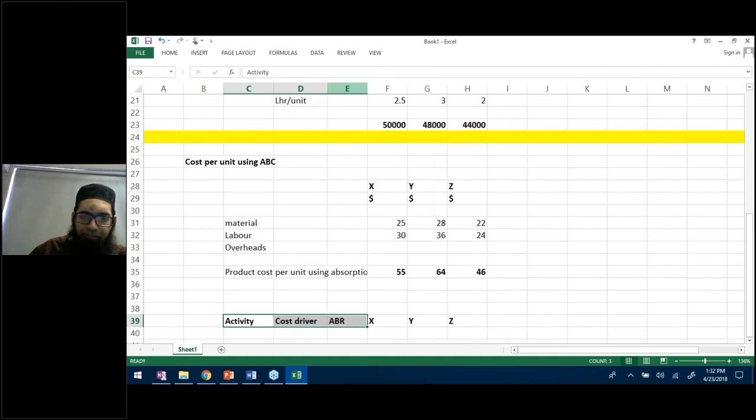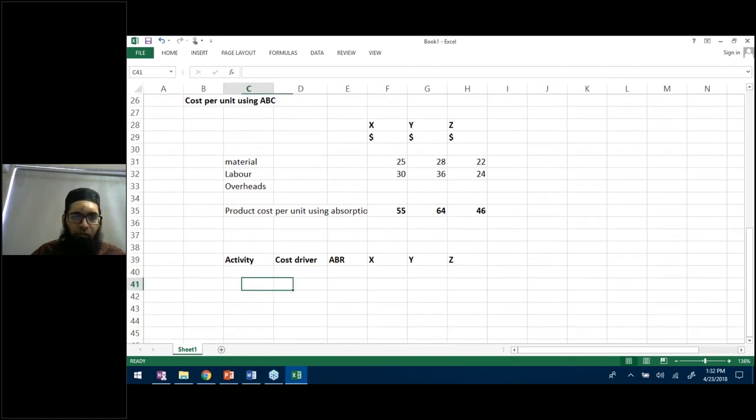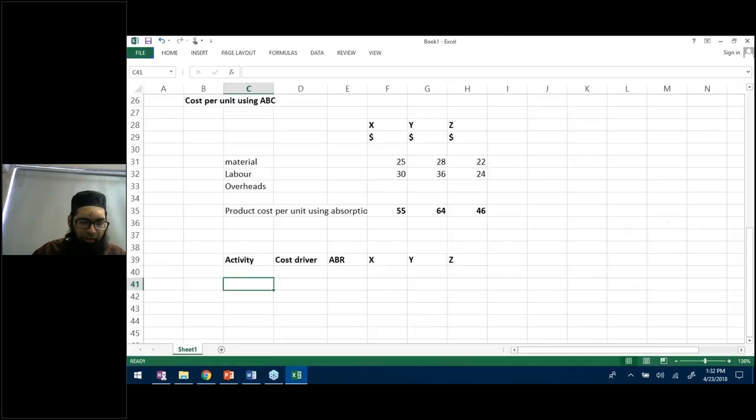So now let's move. First of all, there is a machine setup cost whose cost driver is number of batches. So let's write that. Machine setup cost, and the cost driver is number of batches.